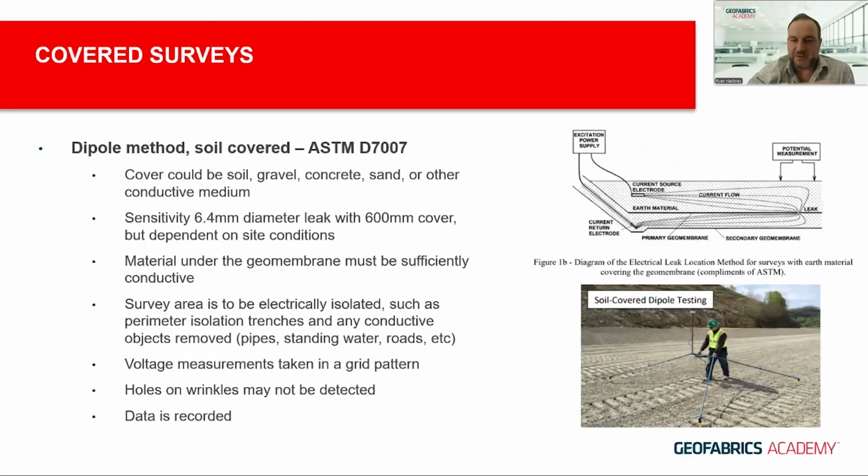So usually perimeter isolation trenches are left, which is preferable during placement of fill material: leave a trench that's not filled, rather than filling the whole site and then digging a trench, which can potentially cause damage of the liner during that filling stage. If it's known that one of these surveys is going to be carried out, it's a good idea to leave the trench and not fill a certain area to allow this isolation to occur.